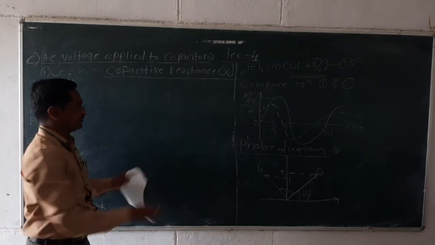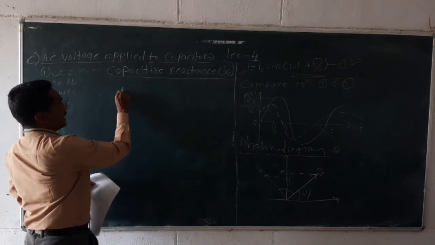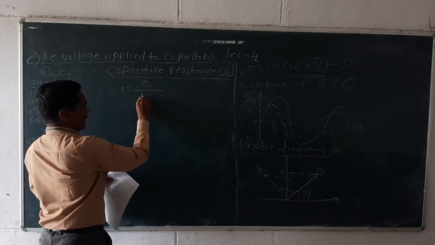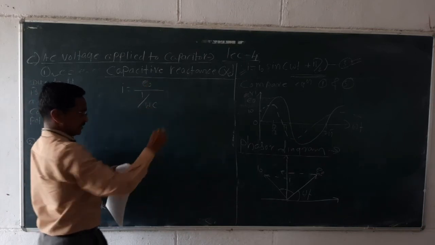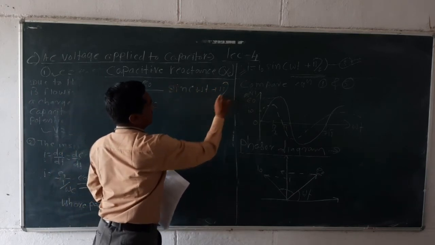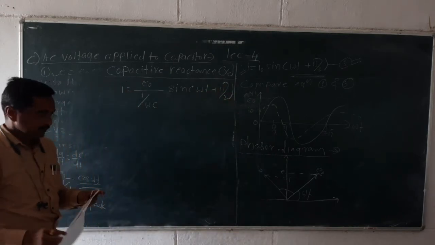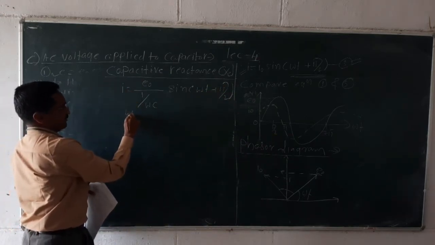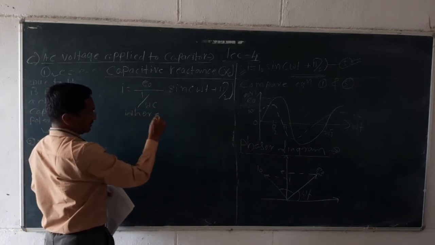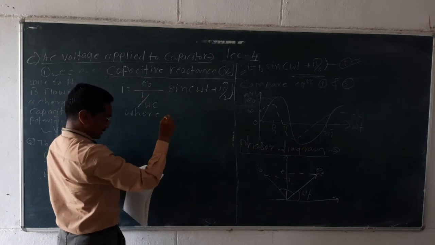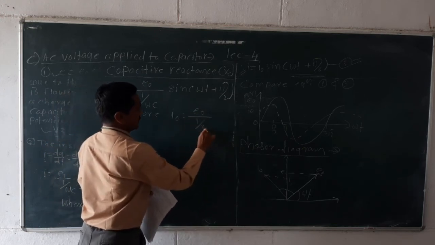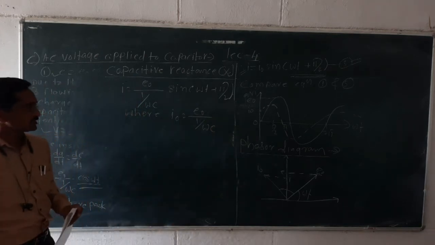You know the one equation here, that is I is equal to E0 upon 1 upon omega C, sine of omega t plus π/2. Just you had seen this equation. In this equation, this is the alternating current flowing through the capacitor, where I0 is equal to E0 upon 1 upon omega C. Already you had seen it.